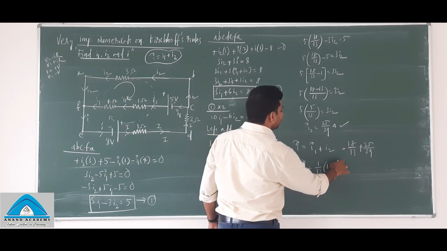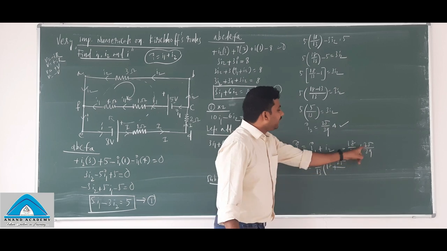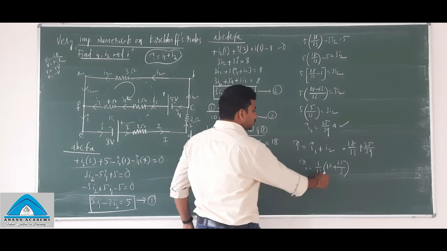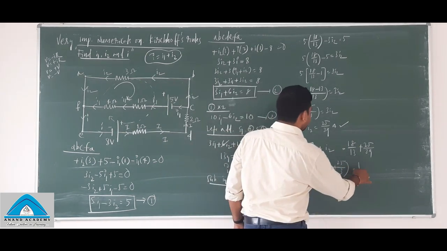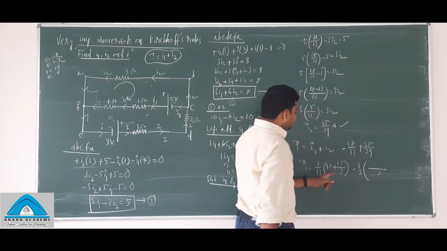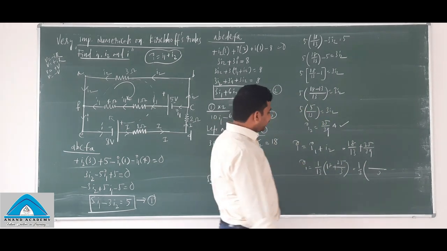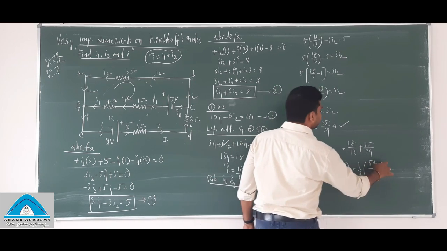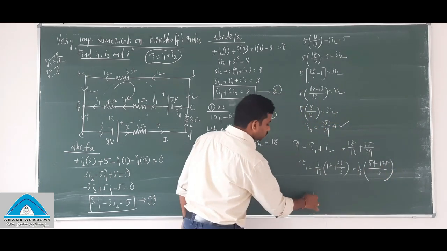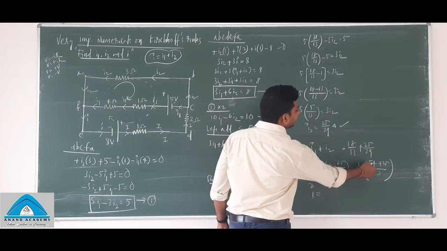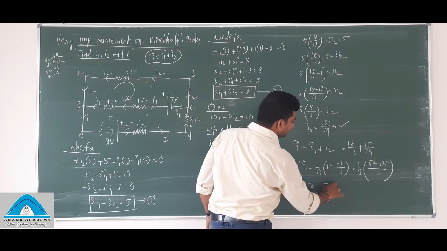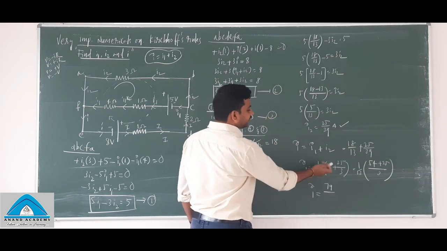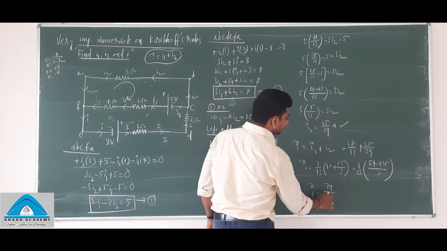So this is 18 plus 25 by 3, right? So 1 by 13 into the LCM value, which is 3. 18 3s are 54, plus 25. So I is equal to 54 plus 25, 79, by 13 into 3, which is 39.